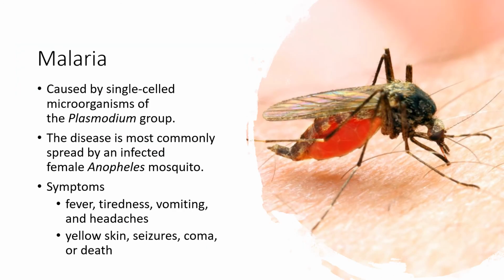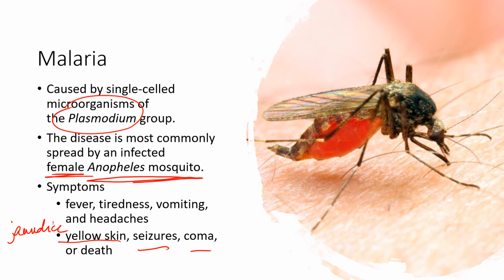So malaria is caused by Plasmodium. They are usually spread by Anopheles mosquitoes, females, and some of the symptoms are fever, tiredness, vomiting, and headache. That doesn't sound too bad, but now you'll get into yellow skin, which is called jaundice, seizures, coma, and death.